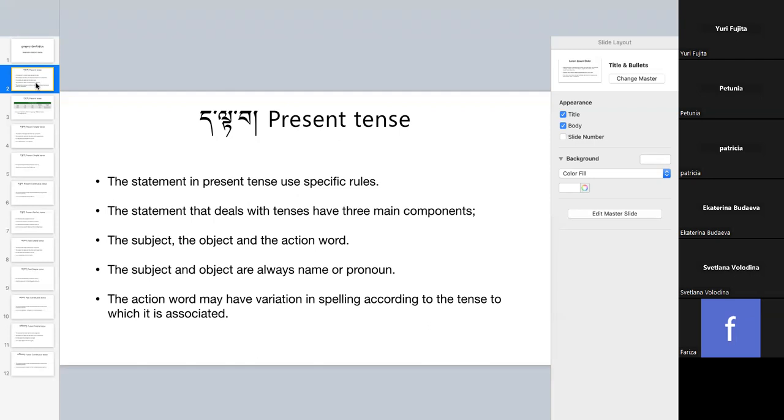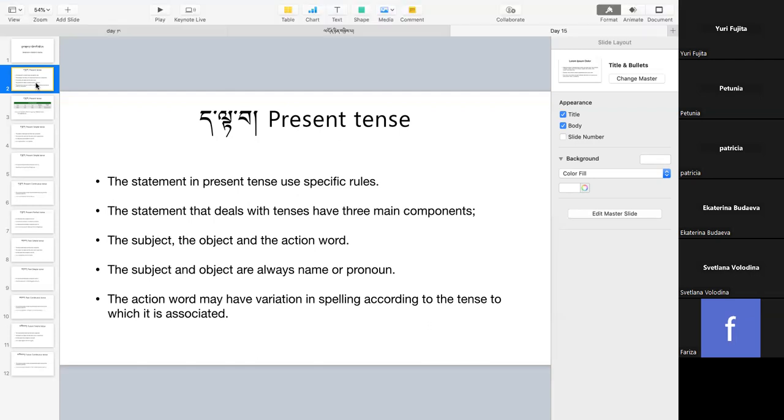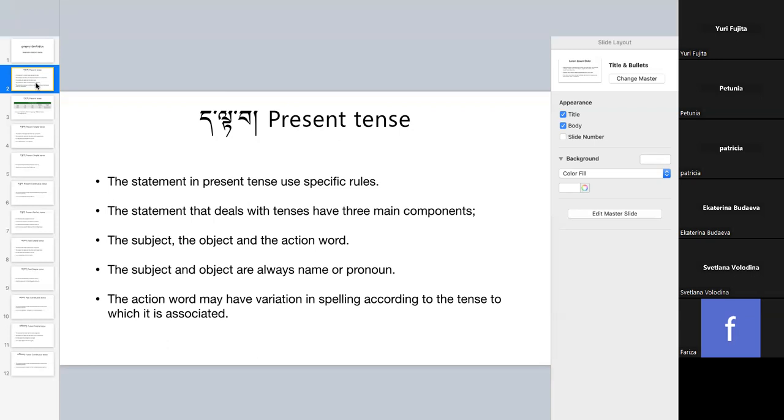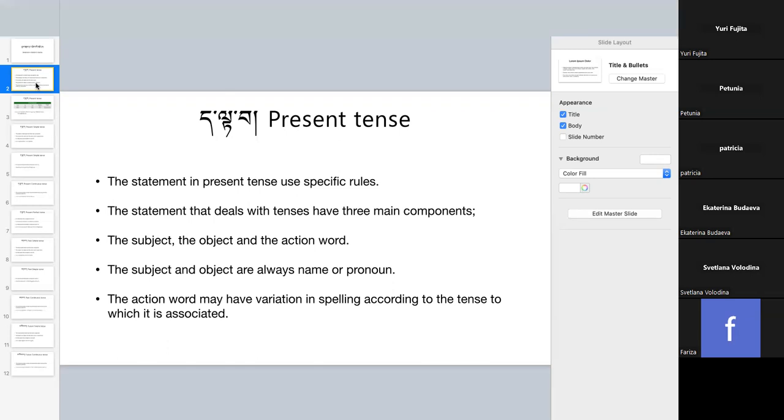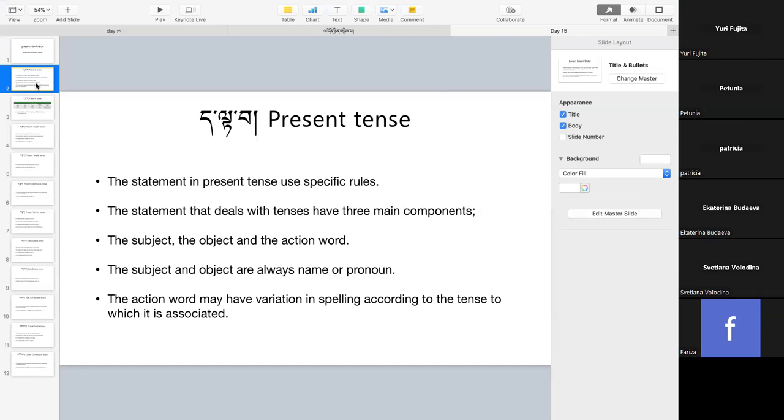So there are some cases in which we may find that the object may be inferred from another sentence or statement.